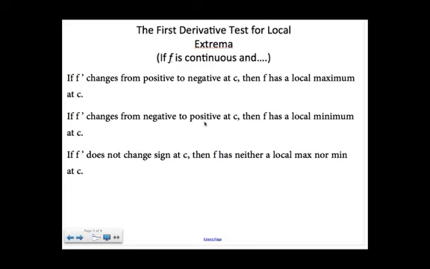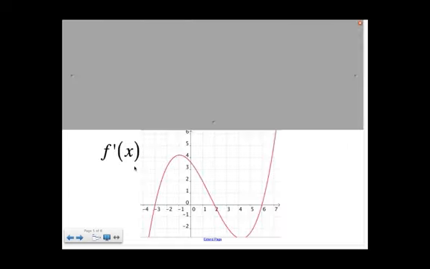Okay, this one talks about local minimum, and then this one talks about no sign change happening at c, then you'll see neither a max or min, you'll see a saddle point. Now, one of the great things we can do with this information is look at the graph of the first derivative and make conclusions about the graph of f, even if we never see the graph of f. So again, we analyze the sign of this function to talk to us about the graph of f.